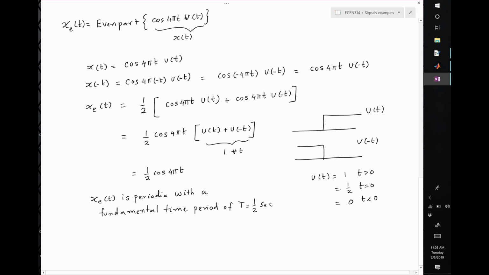So indeed, this is 1 for all values of t, and so I end up getting the even part of x of t to be 1/2 times cosine 4 pi t. This is exactly what we got when we sketched these signals as well. And of course, it's now clear that it's a periodic signal with a time period of 1/2 second.